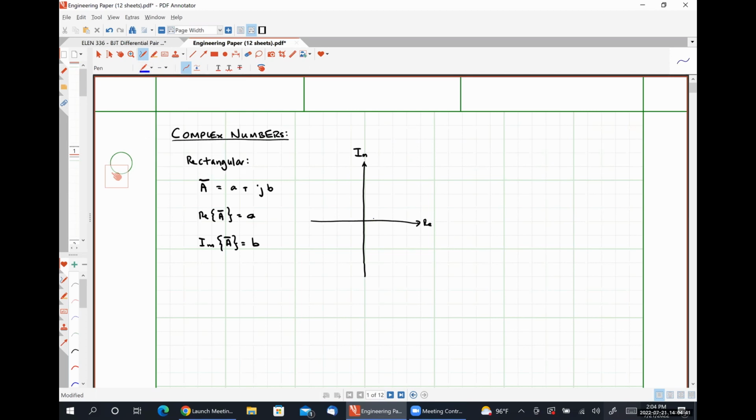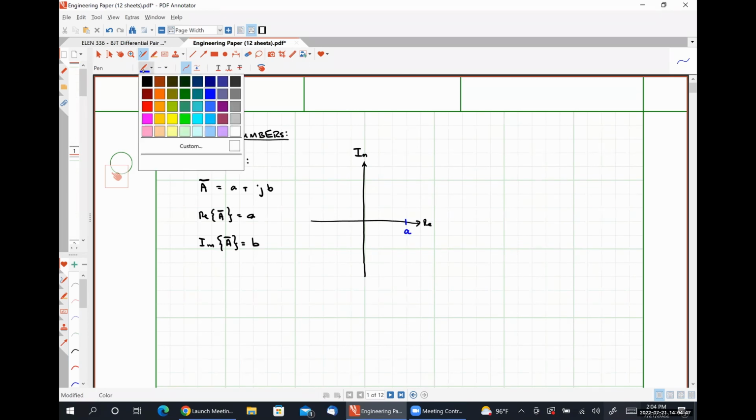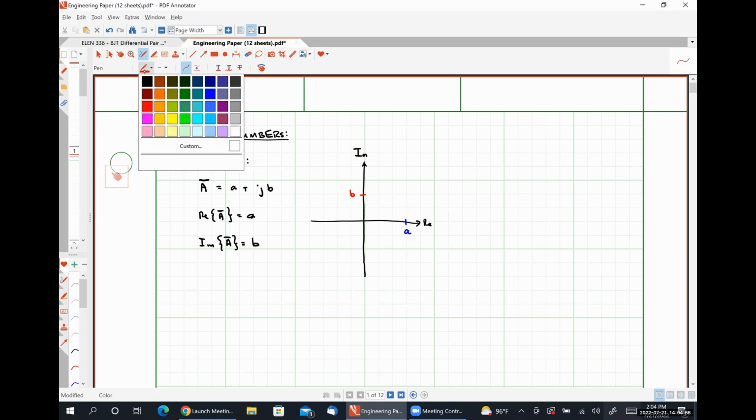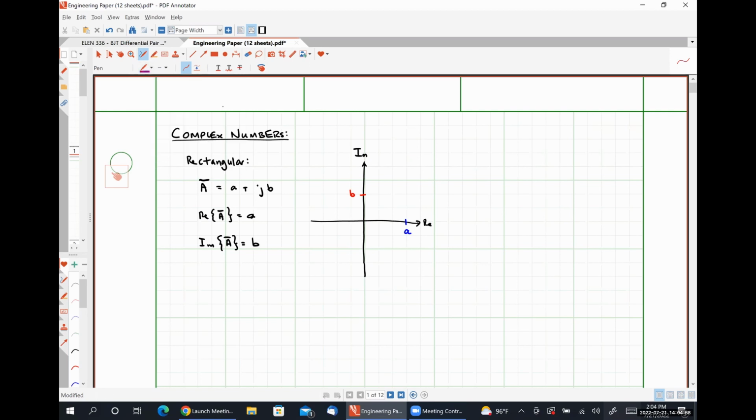How we might graph such a complex number would be something like this. So we would go out a units in the real direction. We'd go up because we have plus jb, b units in the imaginary direction, and then our complex number would be a two-dimensional vector that's a units in the real direction and b units in the imaginary direction.